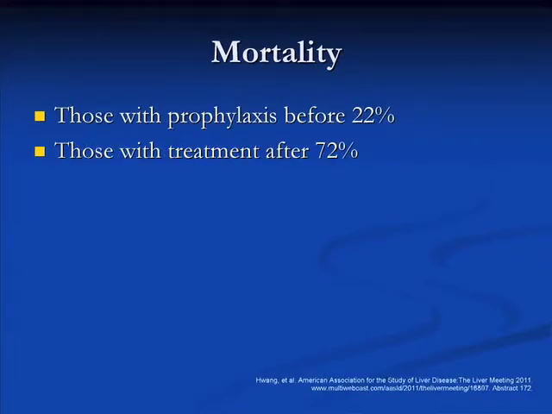Well, what happened to these patients? In those patients who got the prophylaxis, only 22% of them died. Remember, these are all cancer patients, and we can expect a fairly high mortality. However, in the patients with treatment only after they developed decompensation, 72% of these patients died, and we can presume that a significant percentage of this is because of recurrent hepatitis B that went on to kill these patients.